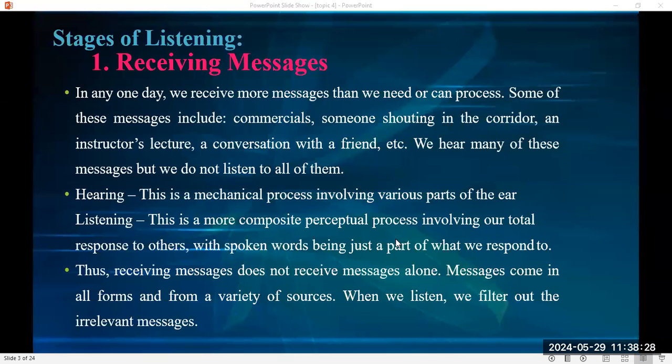It's music by Celine Dion, Guardian Angel, or so and so. So you are paying attention to that music. Paying attention to that means that you are listening to that music, though there may be other activities happening around you, and though there may be people shouting along the corridors.